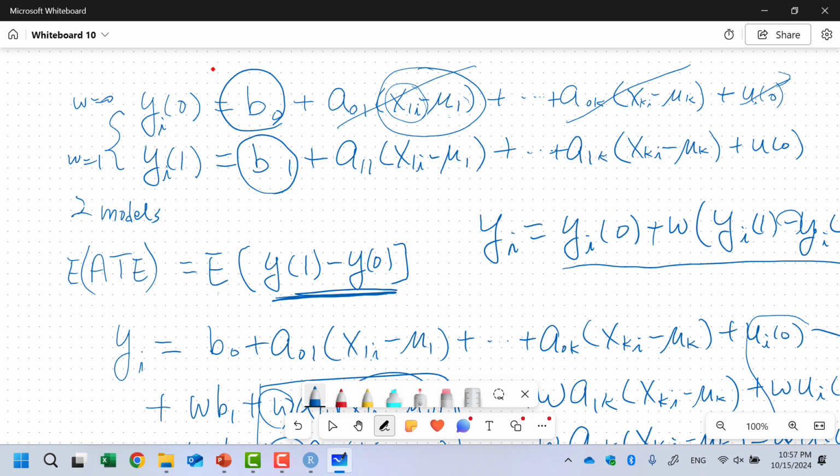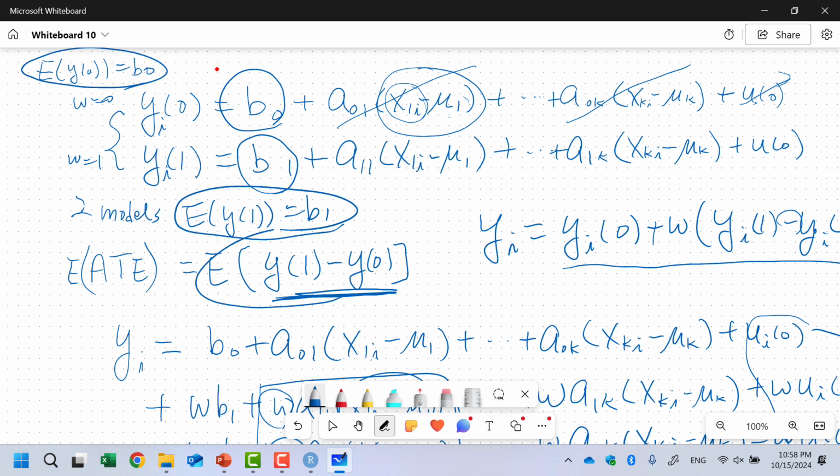So the expected value of y0 is b0 here, and the expected value of y1 is b1. So I want to know the difference between these two. This is the average treatment effect, which is basically b1 minus b0, because b1 is when we have an effect.